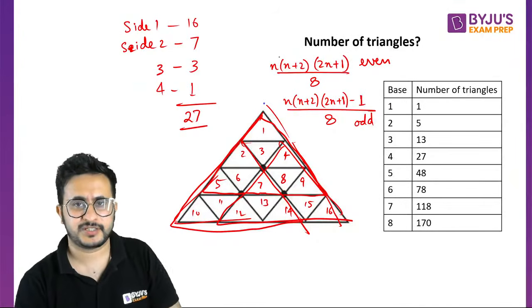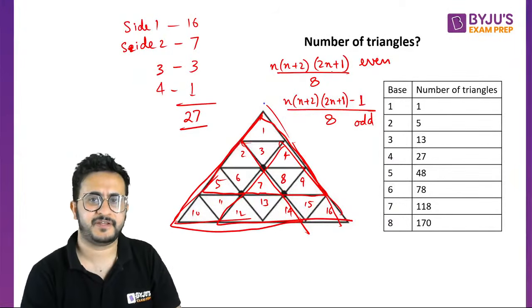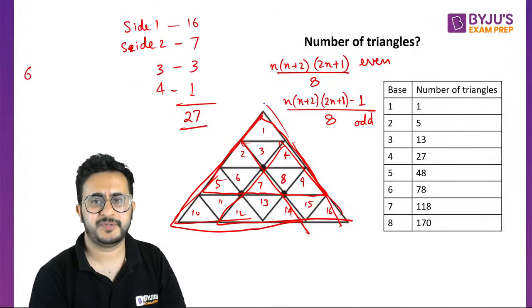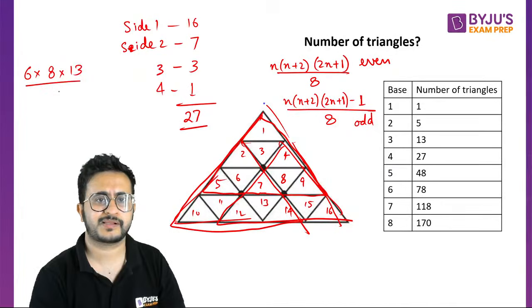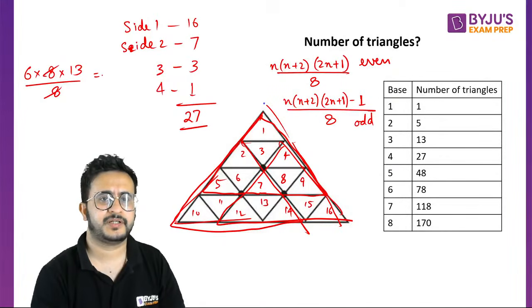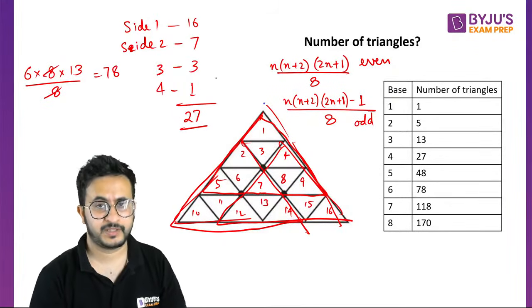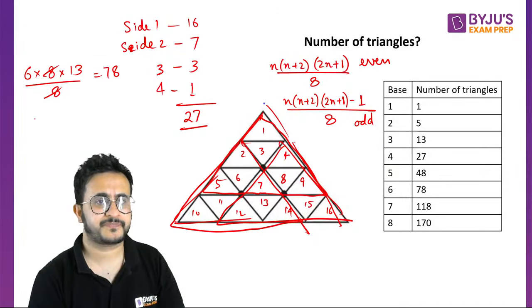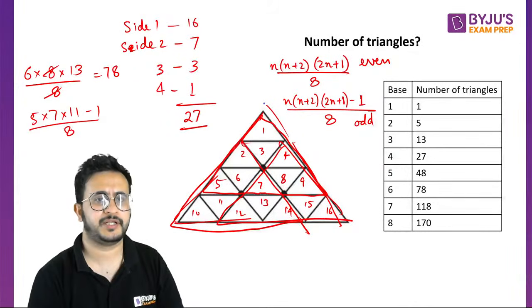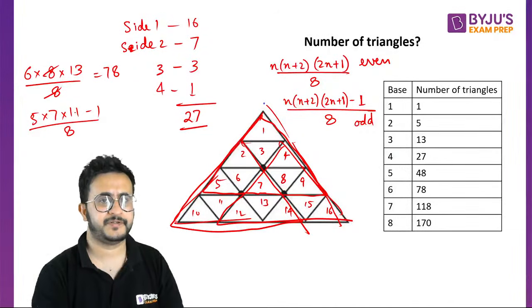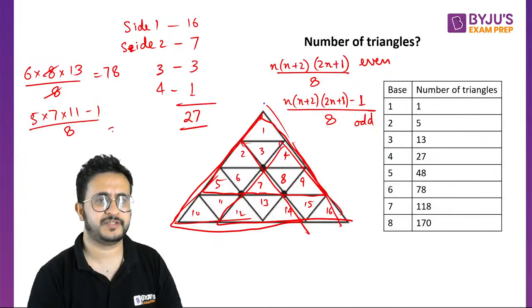let us just verify for 6. For 6 it will be 6 into 8 into 13 upon 8, which is 78. If it is 5, then 5 into 7 into 11 minus 1 upon 8. 35 into 11 is 385, minus 1 is 384, upon 8.